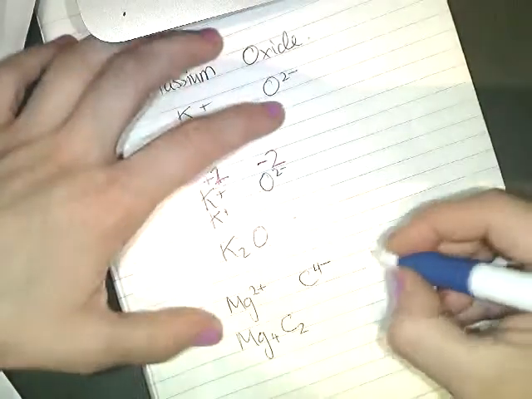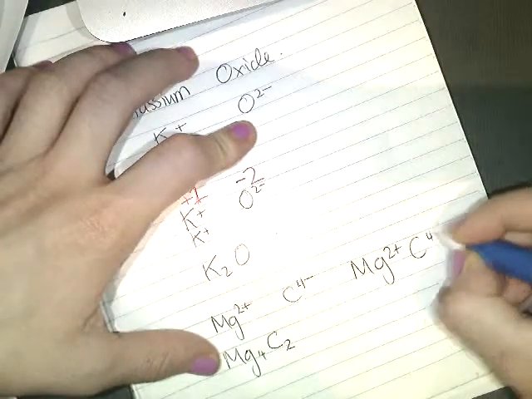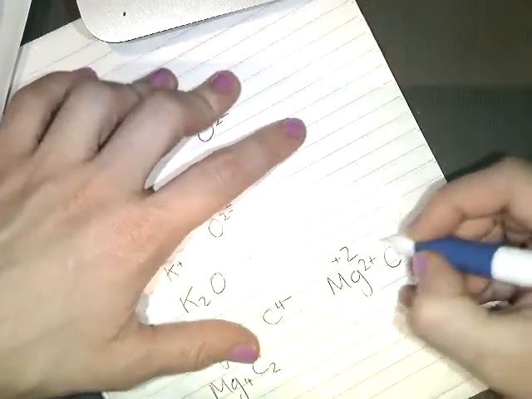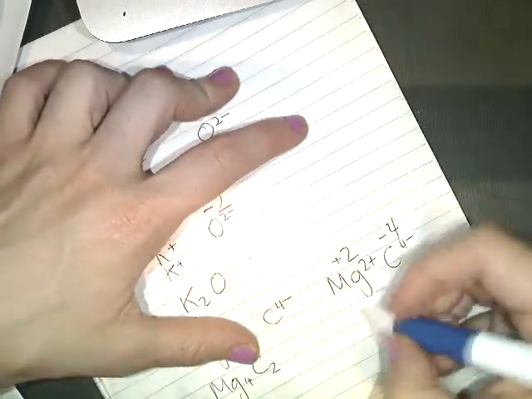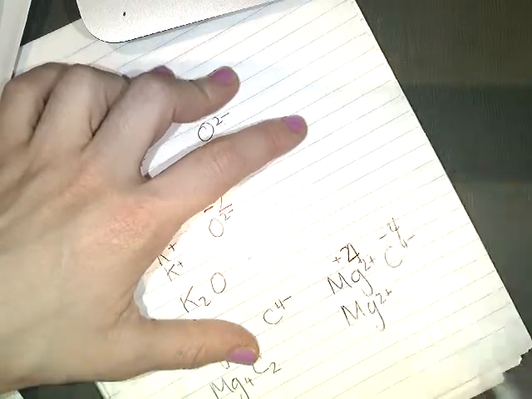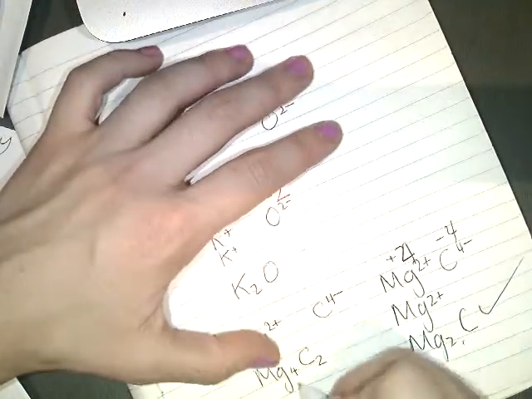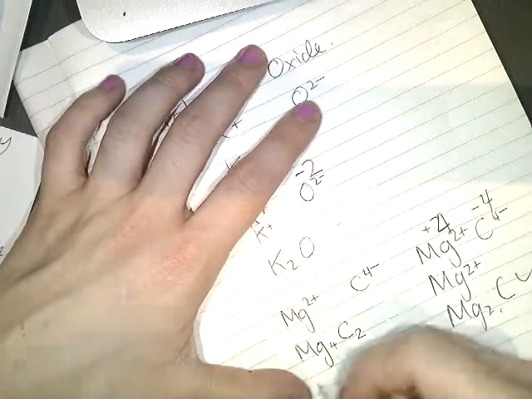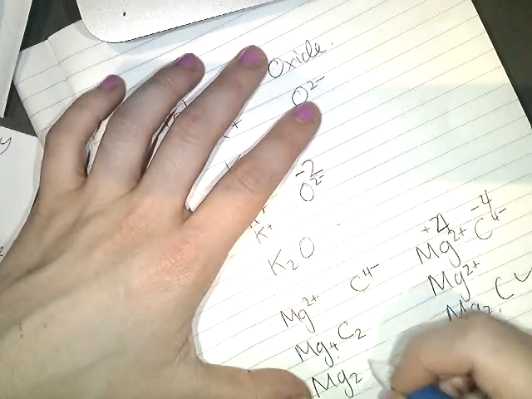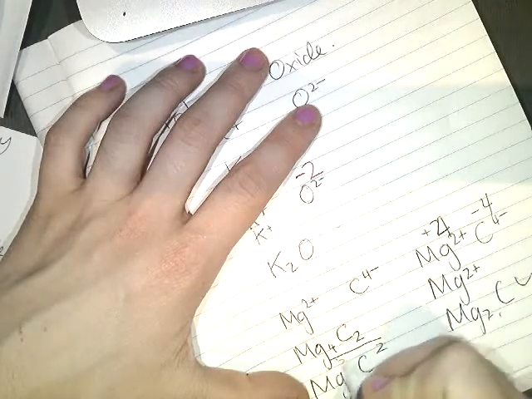But if we do it the original way, this is +2, this is -4. We need to have 2 Mgs. It's Mg2C. That's the correct way. But you could just do it like this and then simplify, because you divide by 2 on both sides.